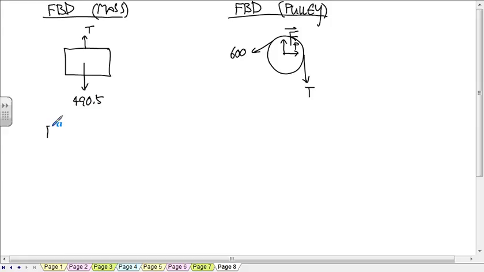So for the pulley, let's go through the steps. Step one, is there a fixed point, or do we have to do everything about the center of mass? There is a fixed point, though. So that's good news. That usually simplifies things.